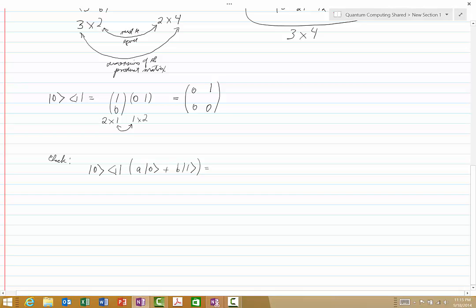We would get 0, and then we now have 1 operating on this, and so we would get A. The A can come out, and we have 1, 0 plus 0 B 1, 1.